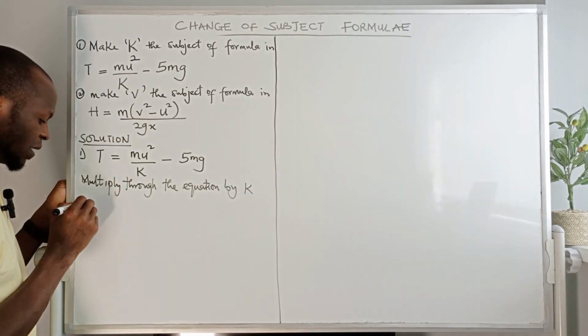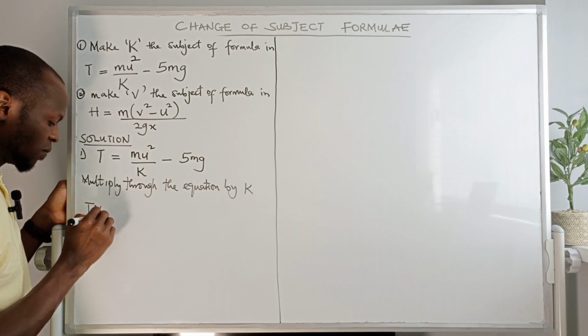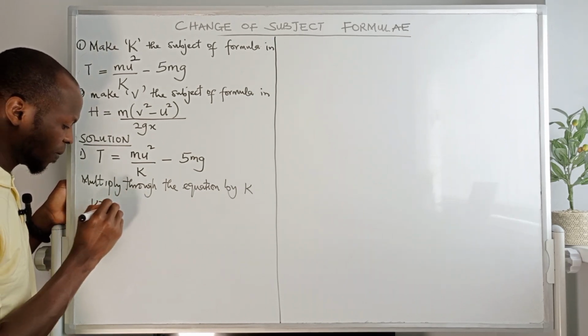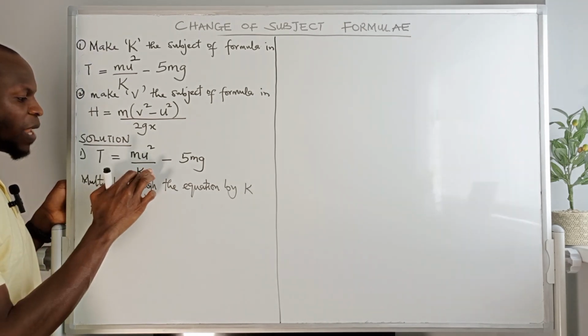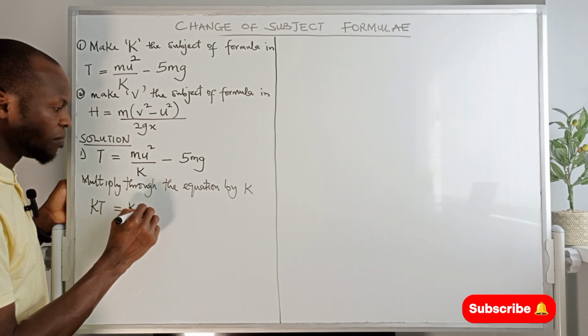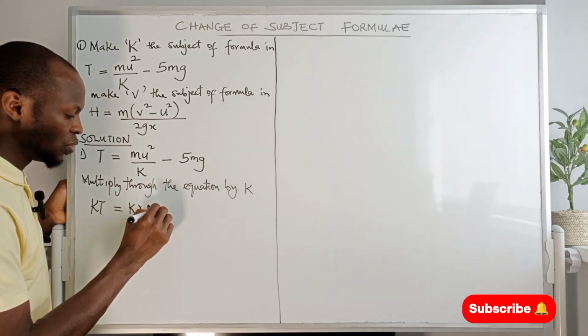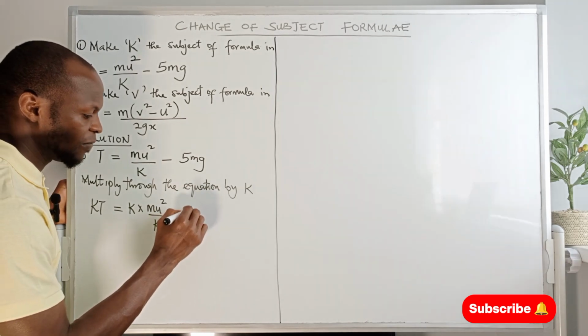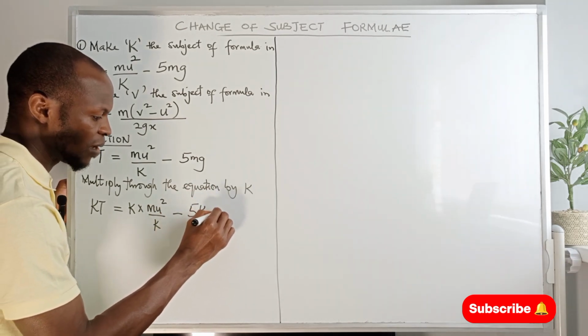If I multiply through the equation by k, automatically each individual term of the equation will be multiplied by k. So I have kt equals, if I multiply this one by k, I have k multiplied by mu squared over k minus 5kmg.